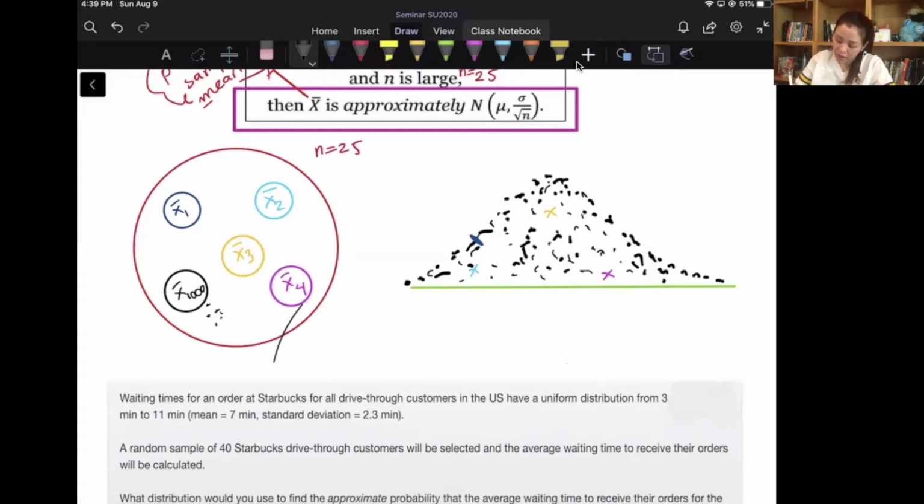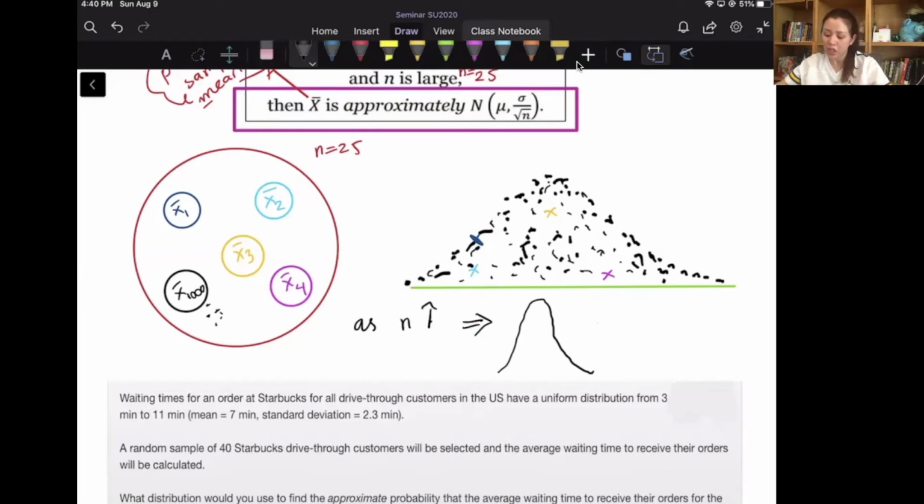As the sample size n increases, the normal curve gets narrower and narrower, skinnier and skinnier like that, so that the sample mean will get closer and closer to the population mean, and the standard deviation gets smaller and smaller.